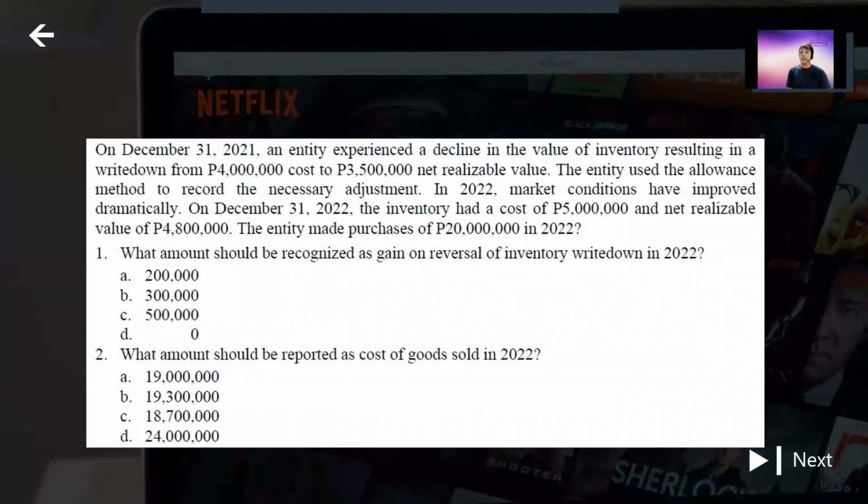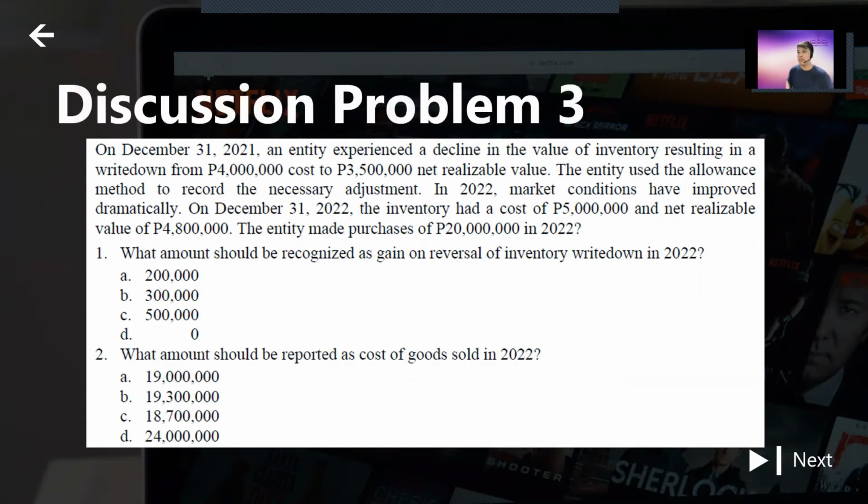O sige, for us to better understand those concepts or cement your understanding of the inventory subsequent measurement, no? Let's have discussion problem number 3. So in discussion problem number 3, first question would be, what amount should be recognized as gain on reversal of inventory write-down in 2022?